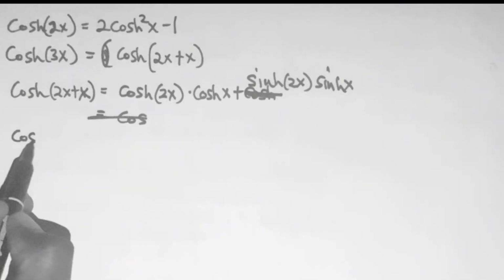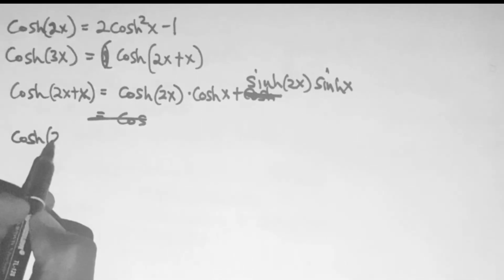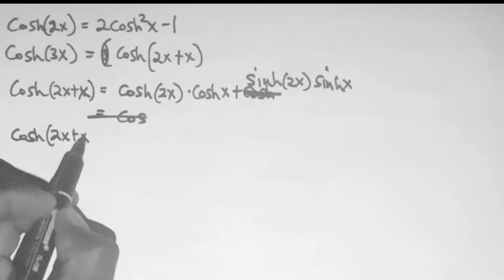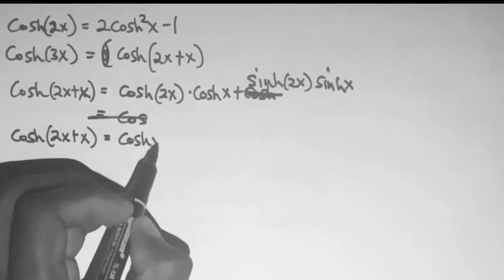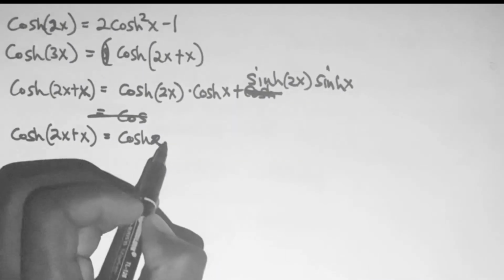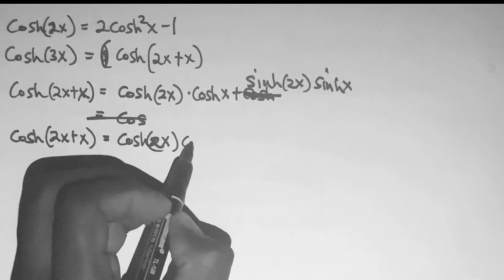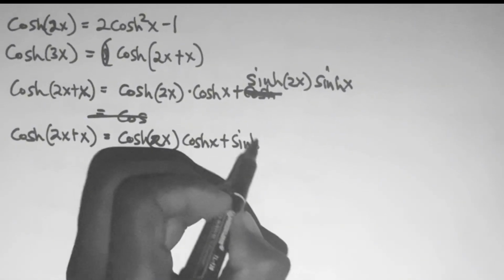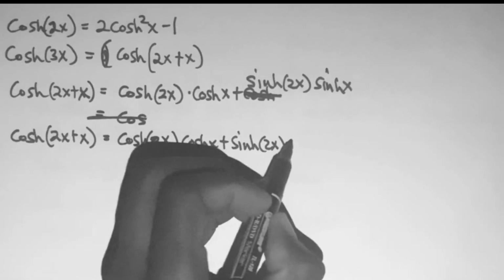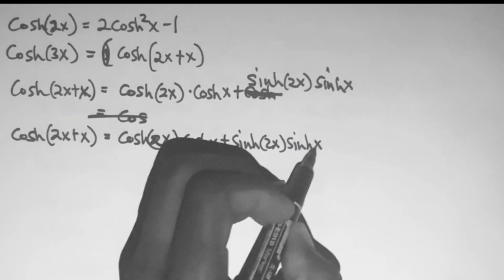So we said that cos(2x plus x) is equal to cos 2x cos x, and plus hyperbolic sine 2x hyperbolic sine x.